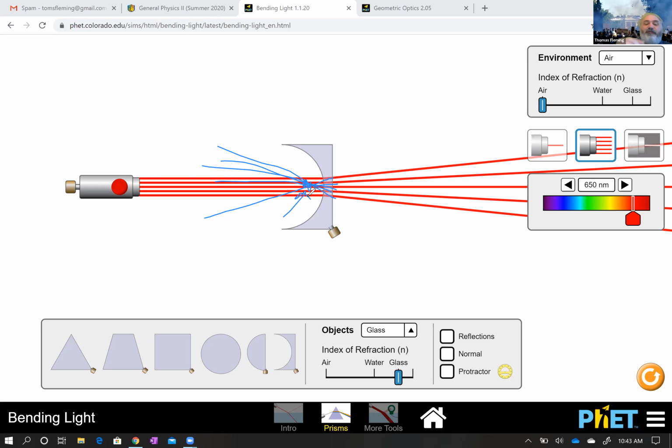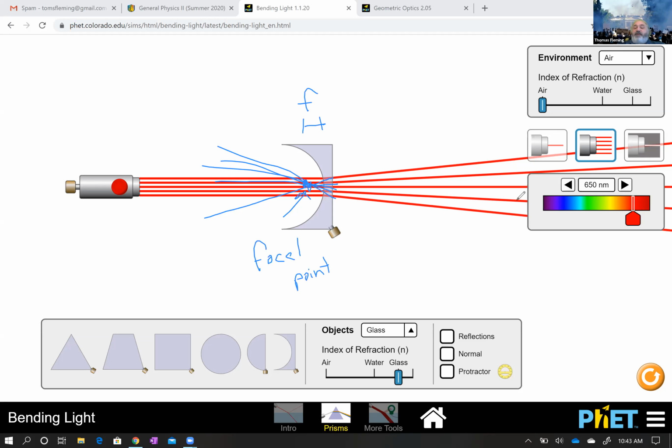So that would be the focal point of a diverging lens. And of course, the focal length would still be that same distance, the distance from the lens to the spot where the light appears to be diverging from. So if you just trace all the rays of light backwards, it appears they're all diverging from a single spot. That is the focal point of a diverging lens.